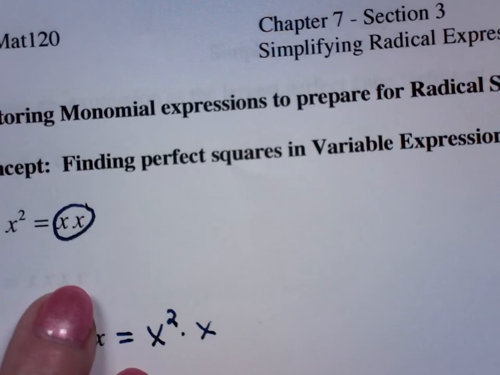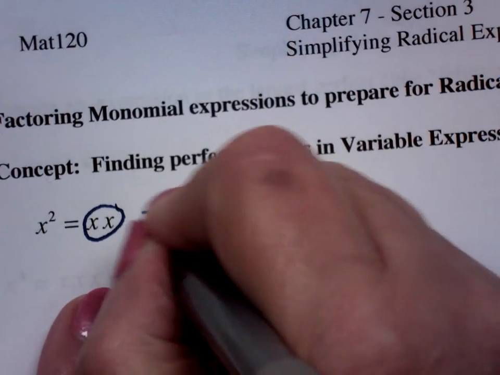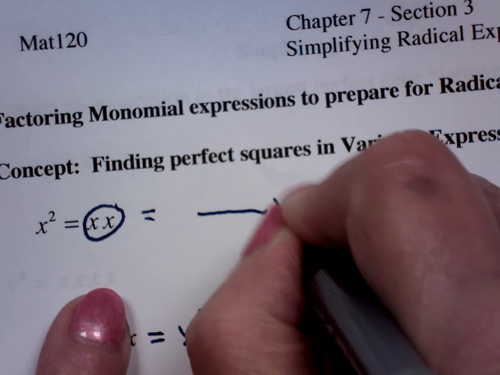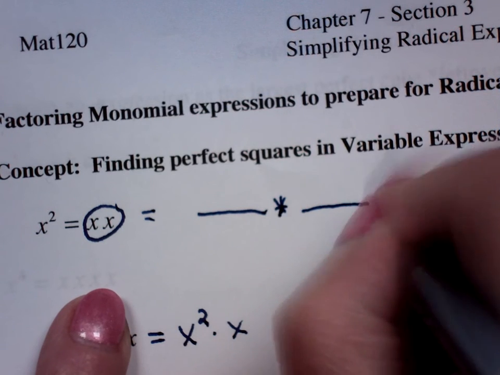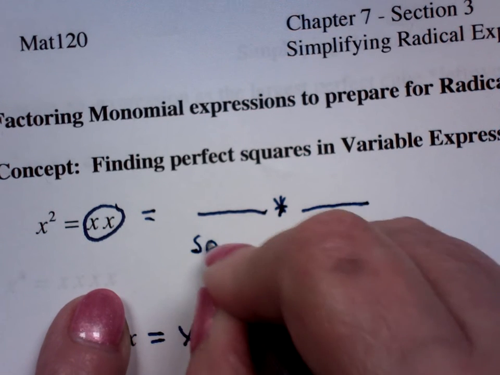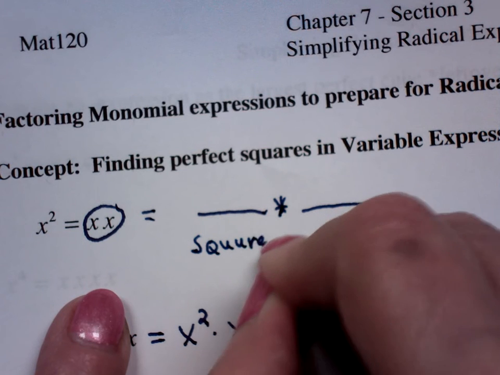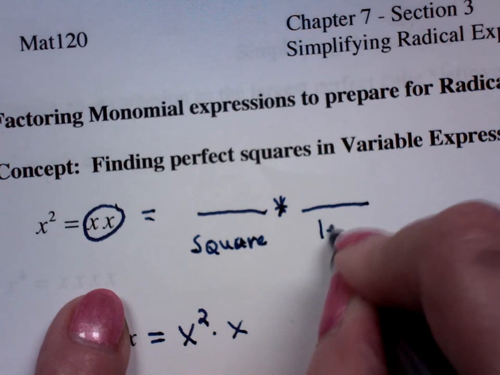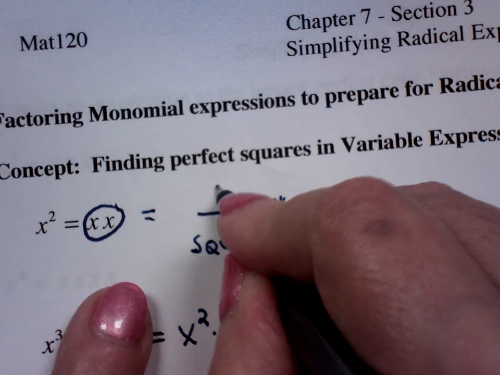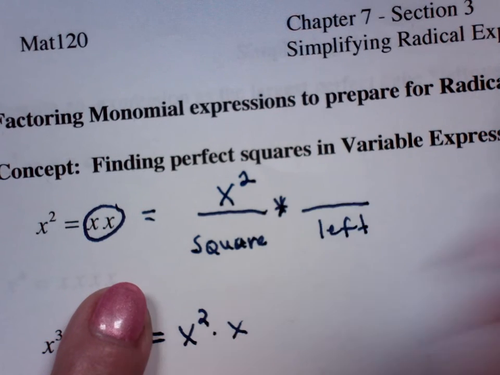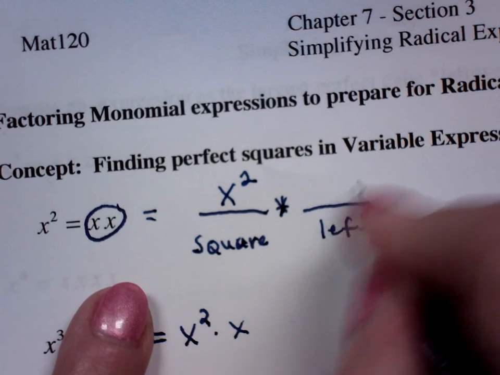So if I come back up here to x squared, if I were to try to break this into two pieces, this would be the square, and this is going to be what's left. Well, I have an x squared. He's the square. There's nothing left.